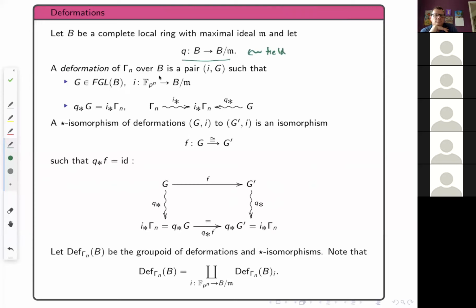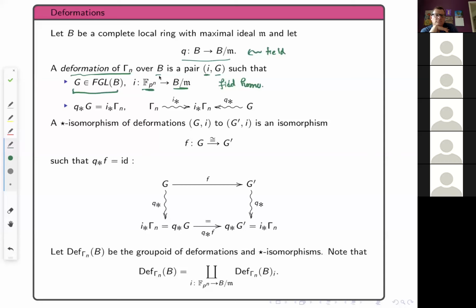And okay, what's going to be this deformation functor that En is supposed to be related to? So a deformation of gamma n over B is going to be a pair of some I and some G. G is a formal group law over B, and I is some inclusion of Fpn into this quotient, B mod M. So this is a field homomorphism, okay?